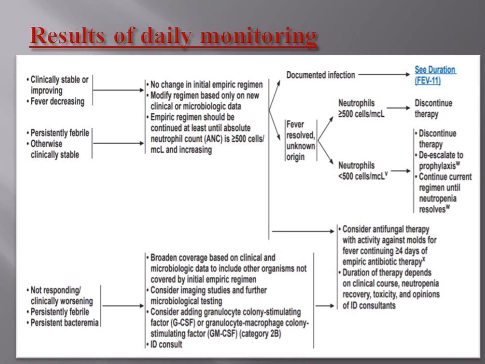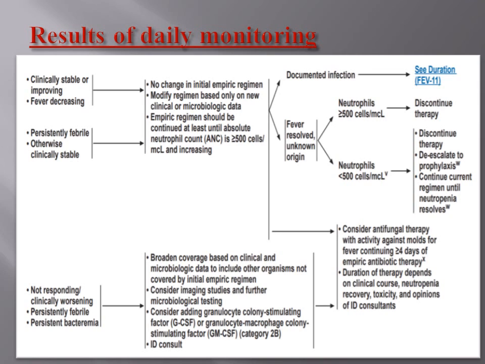On the other hand, if the fever persists for more than or equal to 4 days, I can consider antifungal and antiviral therapy. The duration of therapy depends on the clinical course, neutropenia recovery, toxicity, and opinion of the infectious disease consultant.